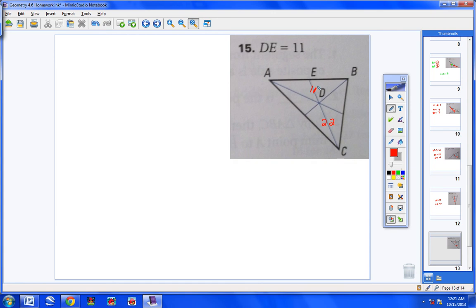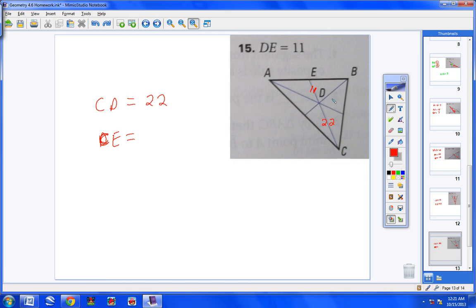So the shorter segment's 11, the longer segment is 22, and we're looking for CD and CE. Well, here's CD right here. Here's C going to D right there. And that segment should be 22. So CD is 22.